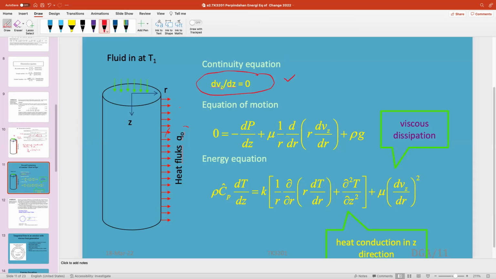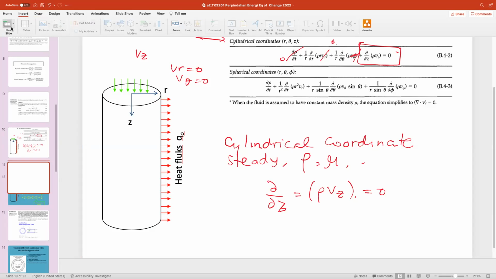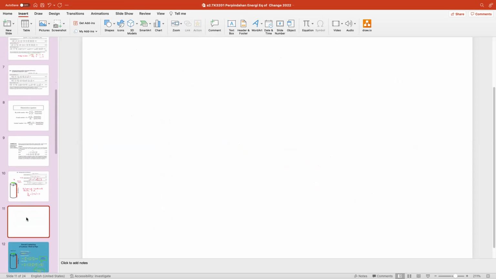Okay, and now let's see the second one. So let's just insert, and I would like to copy using the previous one. So the equation of energy.